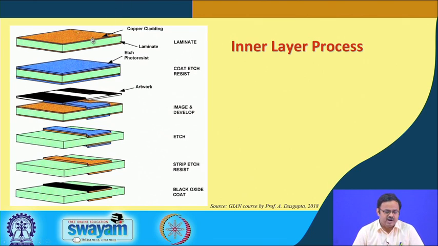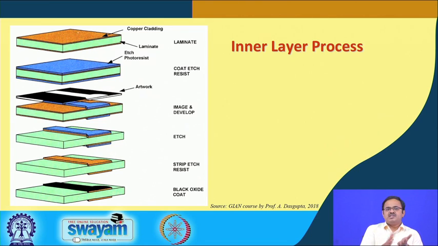So, we started with the figure 1, the topmost figure, and after the photolithography and etching process, we ended up with the configuration shown in the 5th figure from the top. All right. And then we will do a black oxide coating on this for protection. Clear? So, this now eventually forms the inner layer. So, you have a laminate and you have copper traces.